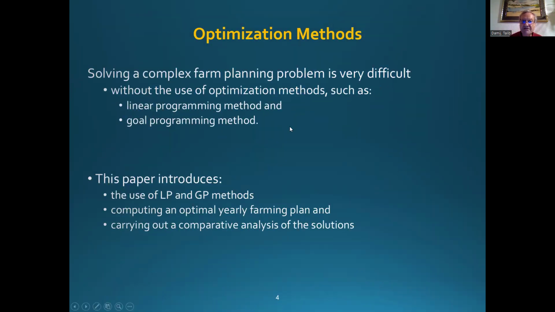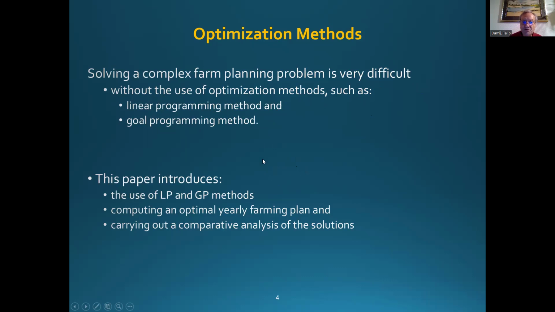Solving such a difficult problem is complex without using optimization methods such as the linear programming method and the goal programming method. In this paper, we described these two methods and how to use them.